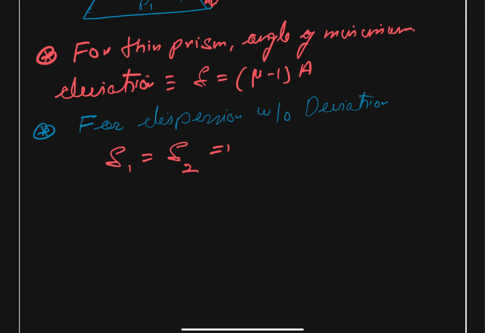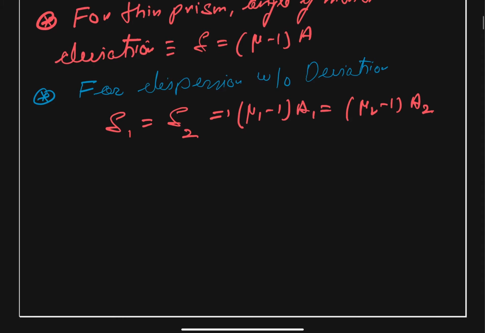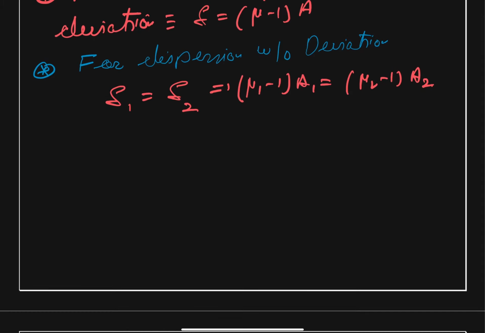Therefore, we can write mu1 minus 1 times A1 is equal to mu2 minus 1 times A2. So A2 is equal to mu1 minus 1 divided by mu2 minus 1 times A1. Everything is given to us, we can simply substitute.